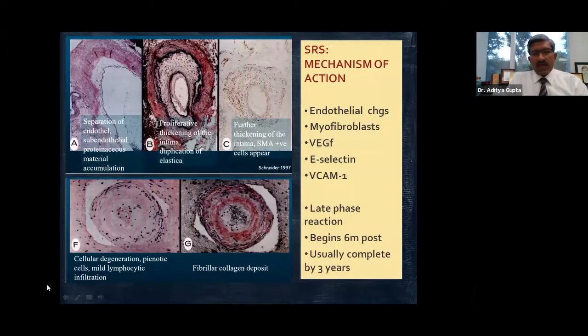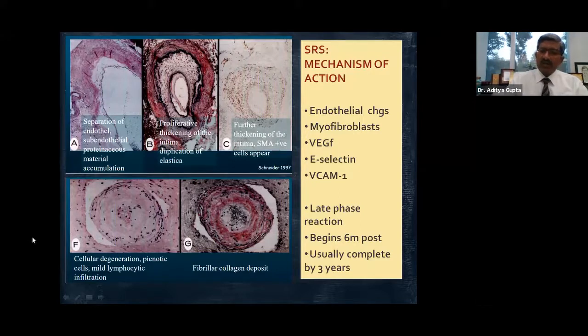So there is a large body of literature and some very elegant studies, including some histochemical studies, that show us that it's basically the occlusion of the small vessels that comprise the AVM. And that's the late phase reaction, which typically begins 6 months post radiosurgery and is usually complete by 3 years.